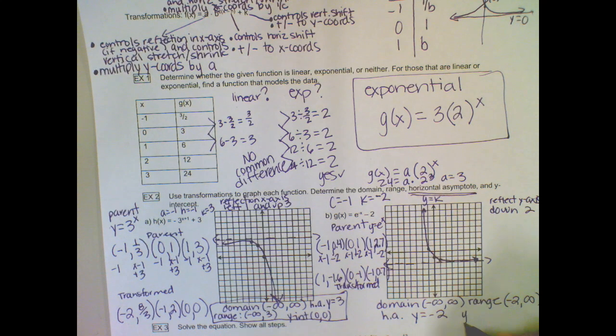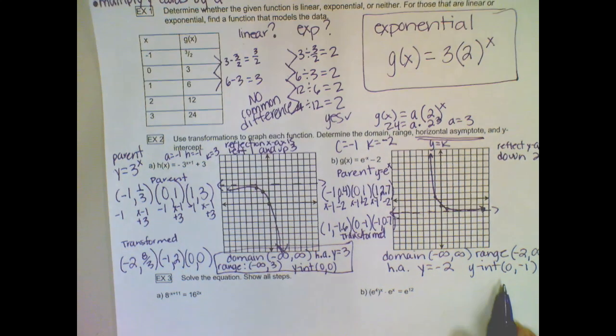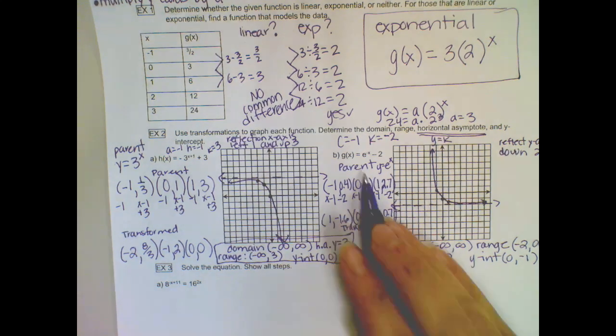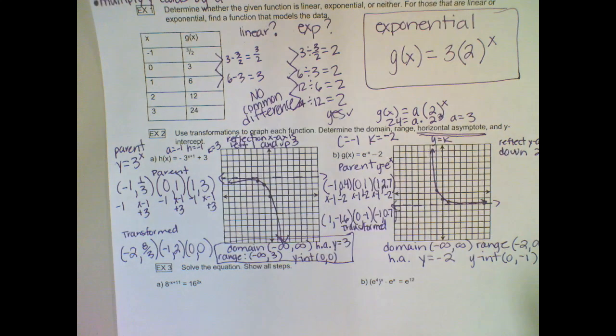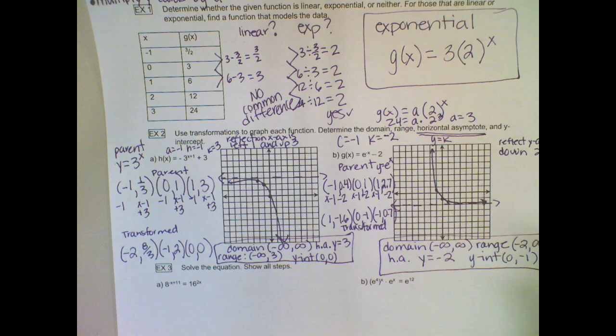And the y-intercept, which happened again to be one of my points, is 0, -1. Again, if the y-intercept is not one of the points, then simply plug in 0 for x and simplify in your equation. So there are our graphs.